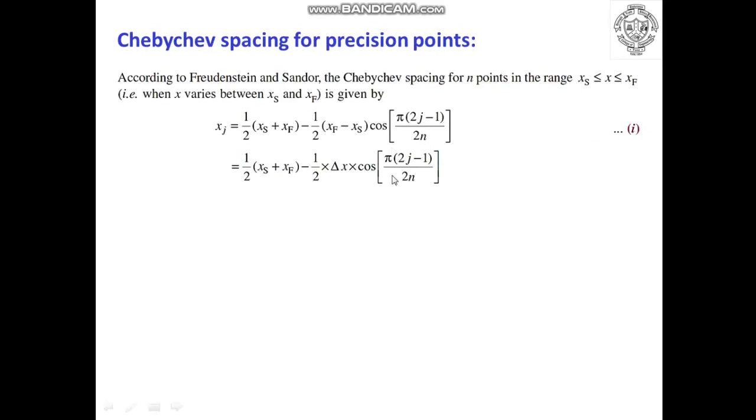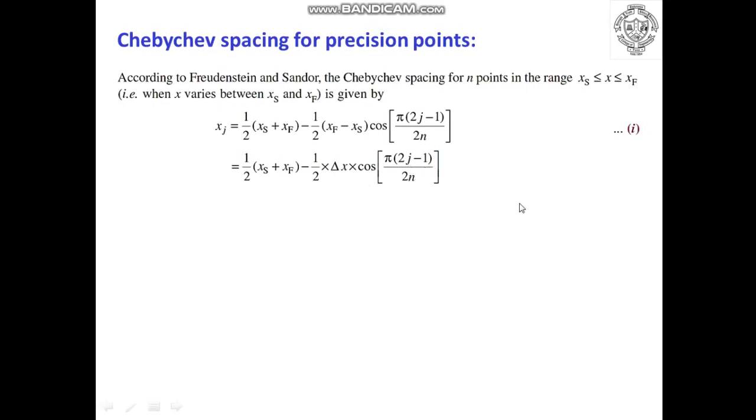It depends on how many precision points or accuracy points you are considering. So as we know xf minus xs can be considered as the variation of x, so we consider this as del x. So we can rewrite this formula as xj equal to 1/2 (xs plus xf) minus 1/2 del x into cos of pi times (2j minus 1) divided by 2n.